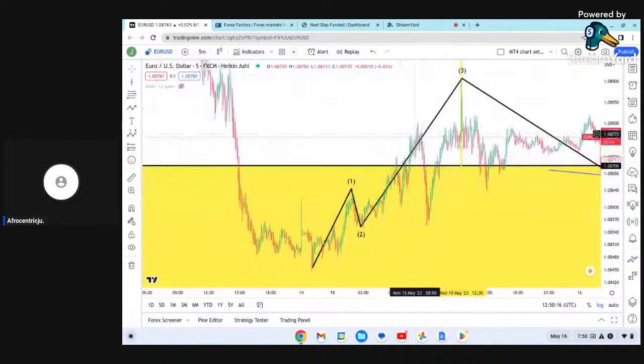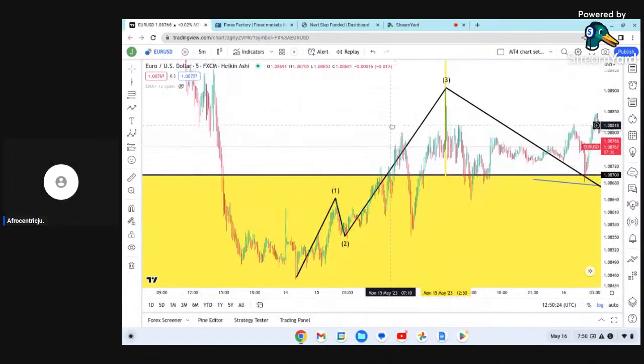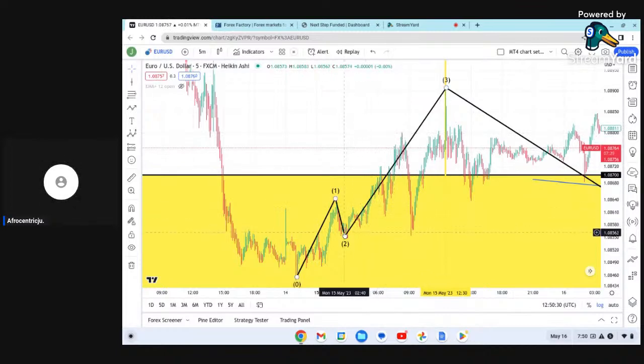Mind you, from here to here can't be a third wave, because we all know the third wave is the most impulsive wave. From here to here is really small for a third wave, but from here to the news candle, that makes sense. So I'm rolling with that.